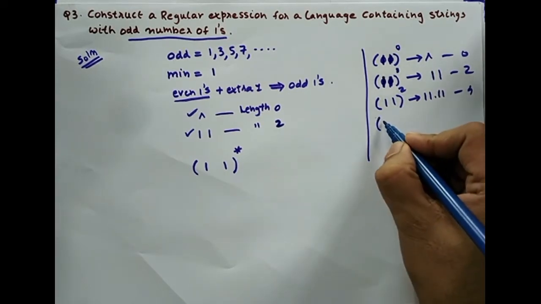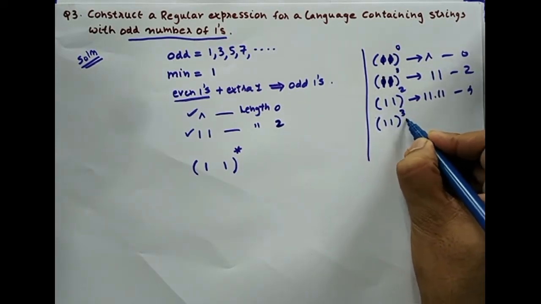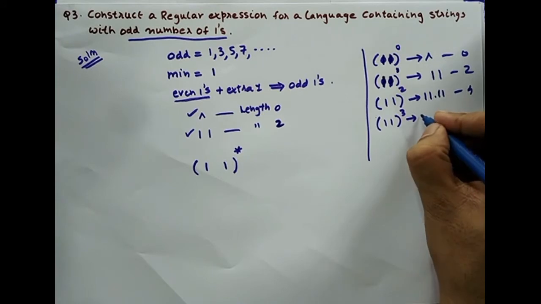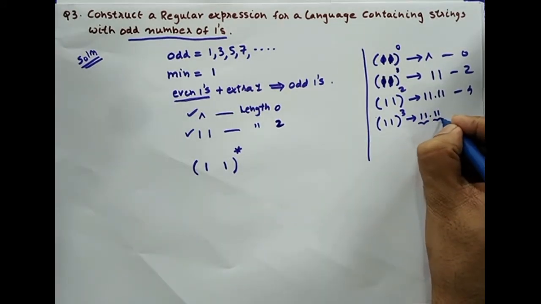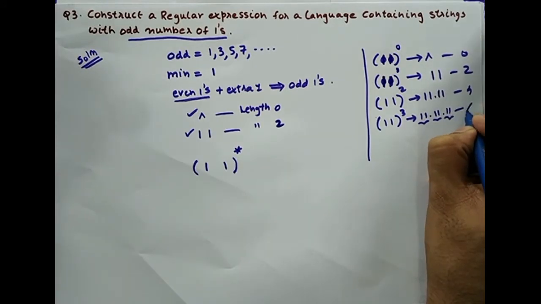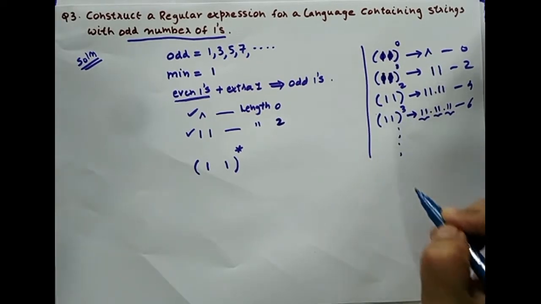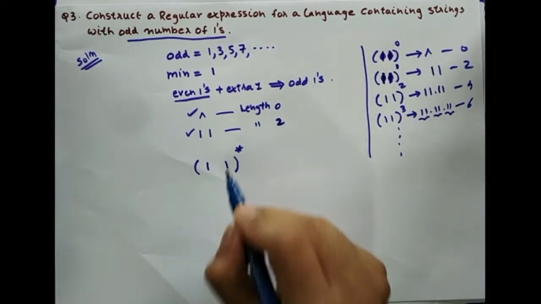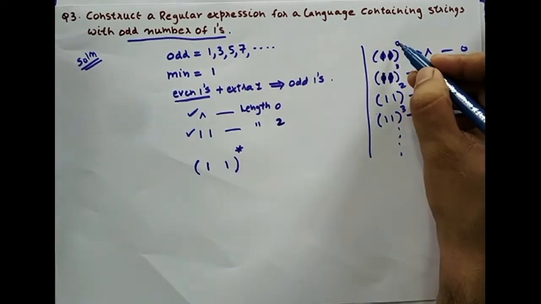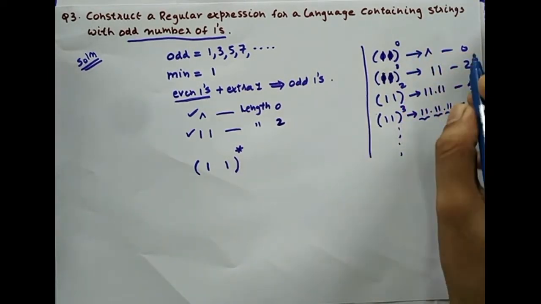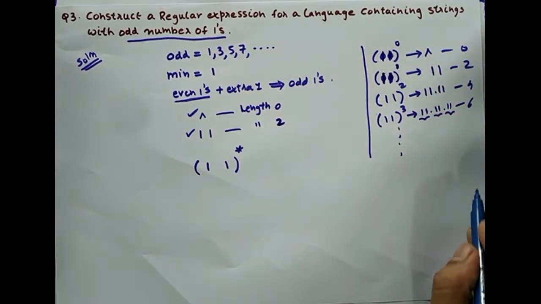Then when it is repeated 3 number of times, in the first excess I will get 2 ones, then in the second excess also 2 more ones, and in the third excess also 2 more ones. So altogether the string of length 6 will be formed when this is repeated 3 times, 4 times and so on. So basically when you write star here, it means the sub expression can be repeated from 0 to infinite number of times. Those many even length strings you will get.